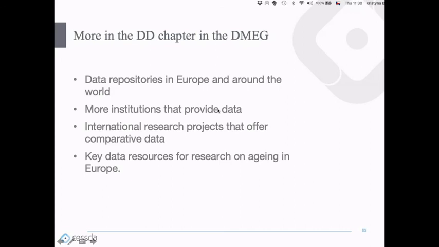In case you are interested in international comparative research, you will like our long list of international research projects that offer comparative data. And finally, in case you do research on aging, we prepared a detailed description of key data resources for research on aging in Europe.